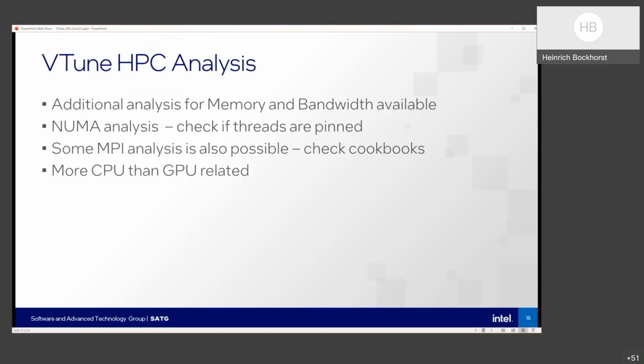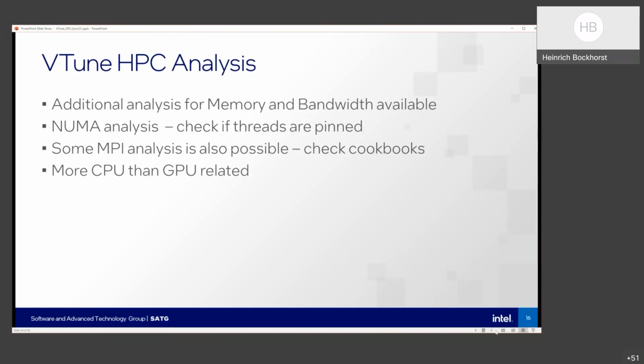So there is some MPI performance analysis also possible. Please check the cookbooks. The link to the cookbooks is at the end of the presentation. This is more CPU than GPU related.